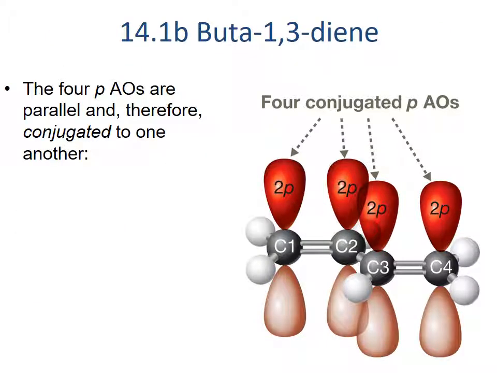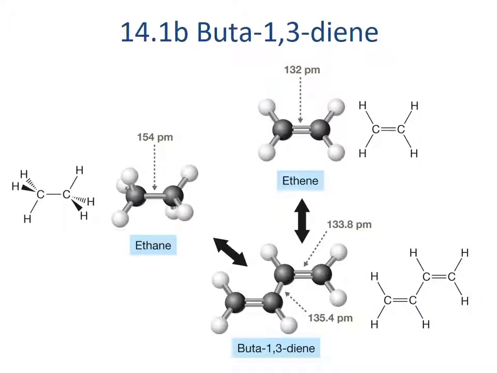This method of analysis continues to give us interesting results with larger molecules. Butadiene has 4 atomic p orbitals that all can line up and conjugate as well. While we normally think of butadiene as 2 double bonds separated by a single bond, this is clearly not the case.